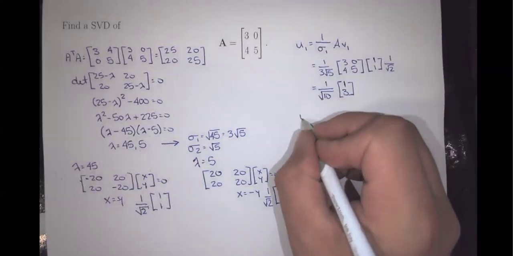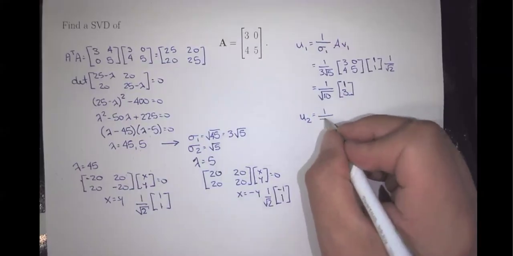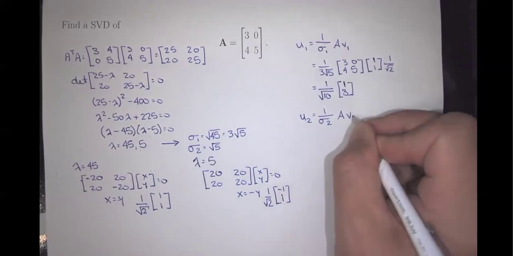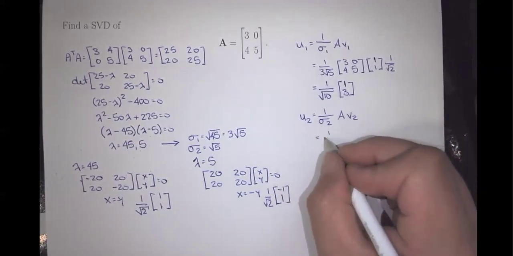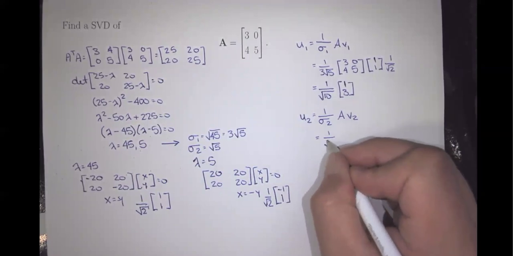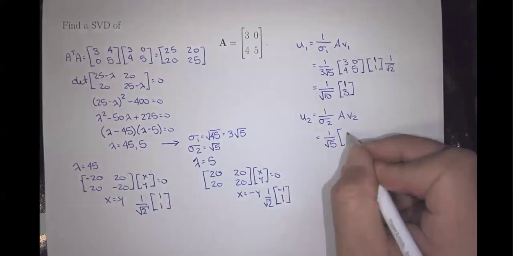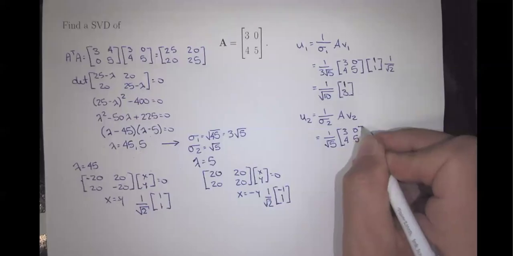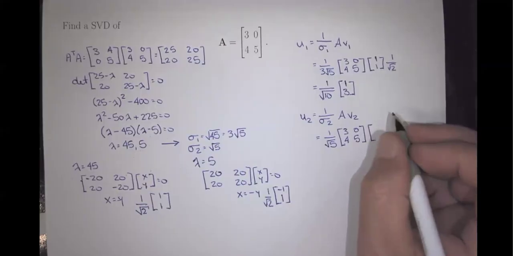Our U2 then is 1 over sigma 2 times A times V2. So sigma 2 is root 5, so we've got 1 over root 5 times our matrix A, 3, 0, 4, 5, times our vector V2.